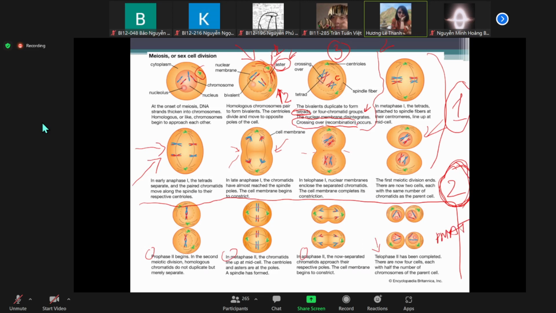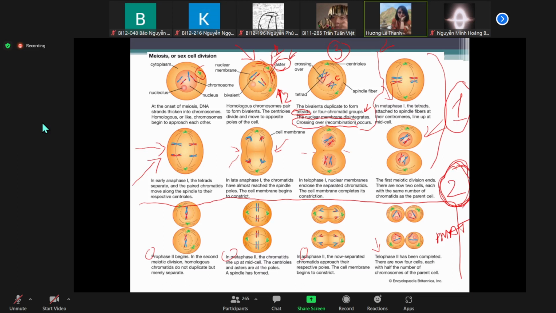So when prophase 2 begins, in the second meiotic division, the homologous chromatids do not duplicate, but they are separate. And in metaphase 2, the chromatids line up in the middle, the same as metaphase 1. So in the metaphase, the chromatids line up in the middle, and the centrioles and the aster are at the poles and the spindle fibers start to form.